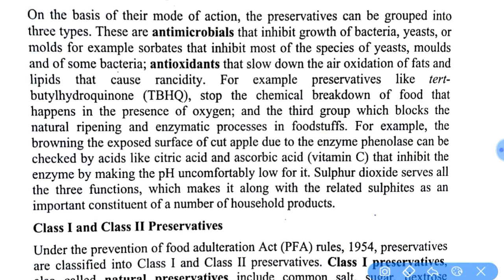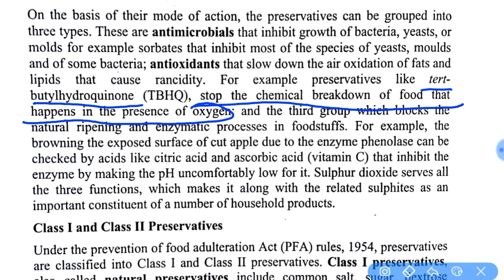Antioxidants like tert-butyl hydroquinone, what do they do? They stop the chemical breakdown of food that happens in the presence of oxygen. That is, oxidation is stopped due to the presence of TBHQ.